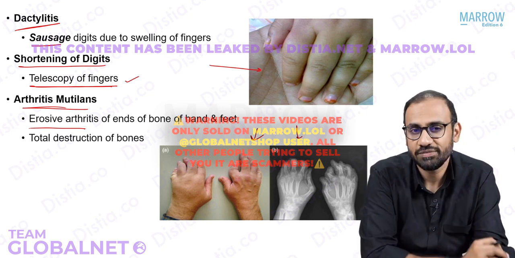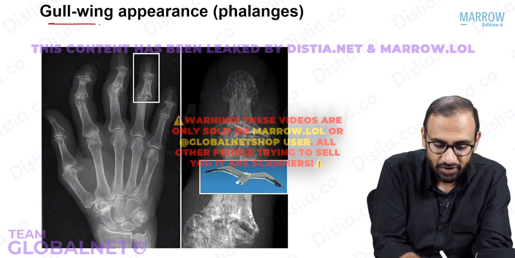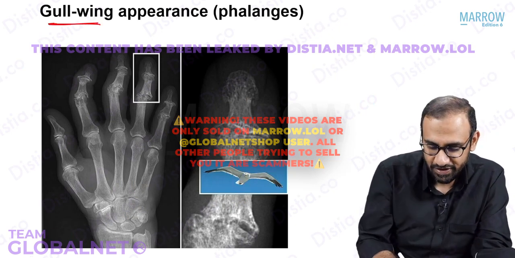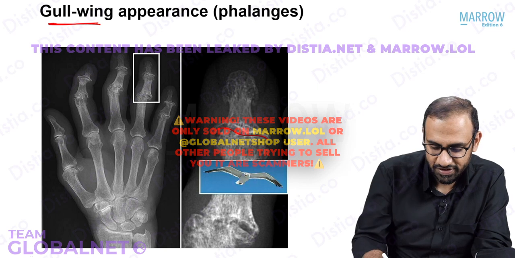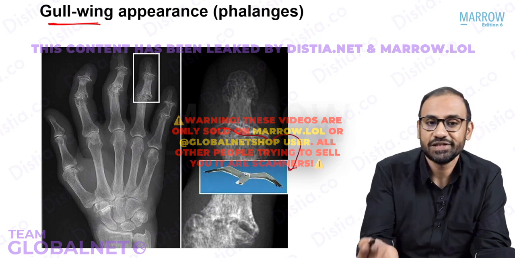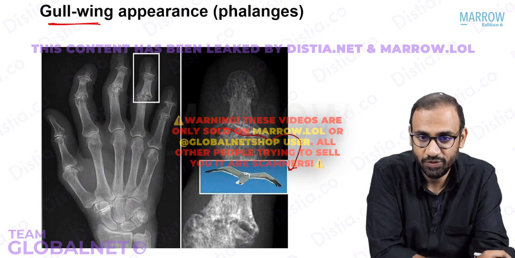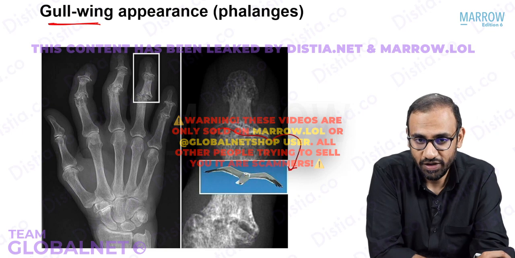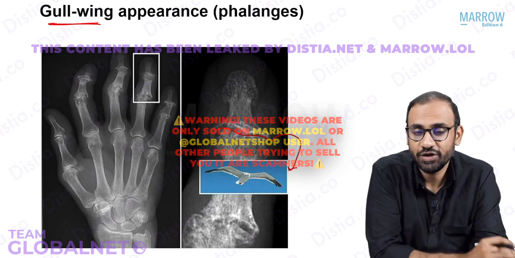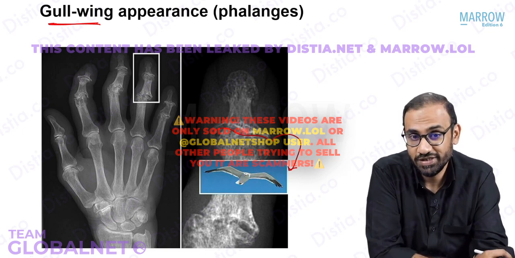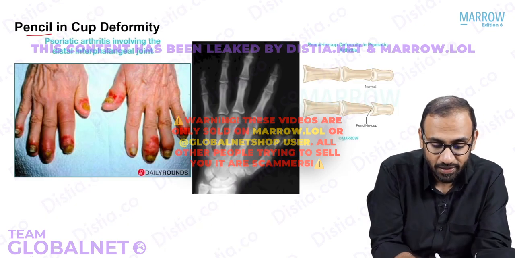Okay. On X-ray, what will you notice? There is a classical MCQ that is asked, known as the gull wing or seagull sign, where there is destruction of the articular surface in the shape of a seagull. Okay, this is one MCQ. Another thing I want you to know is, because of the destruction of the articular cartilage, there is a specific radiological finding that has been asked on your exam, known as the pencil in cup deformity.